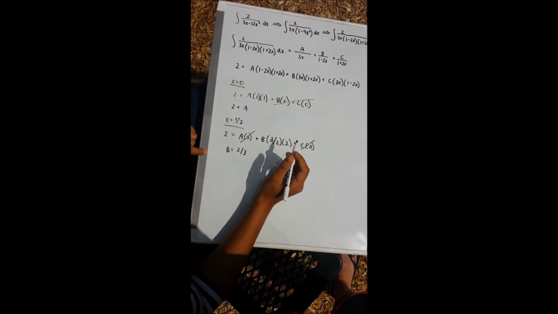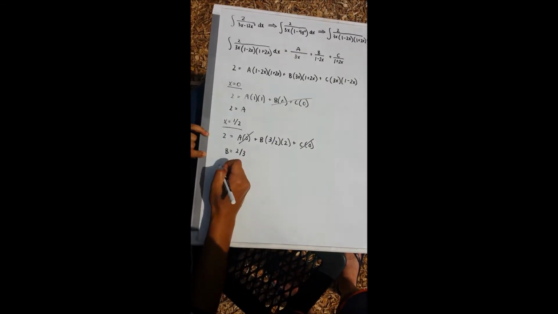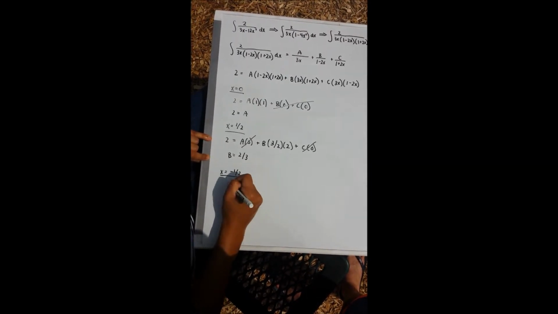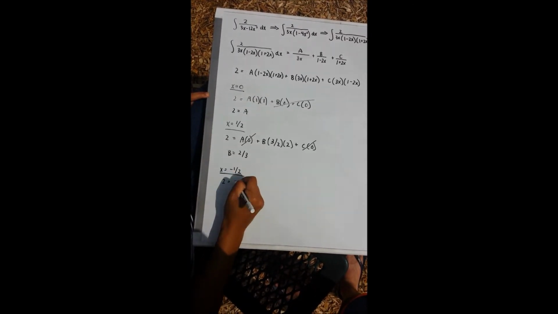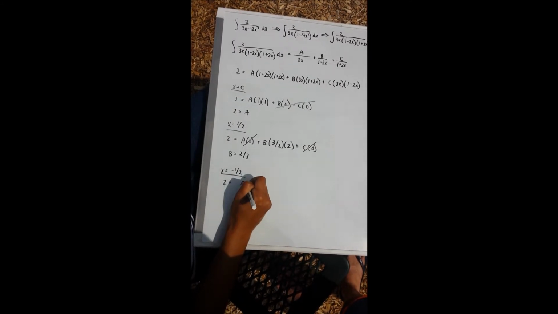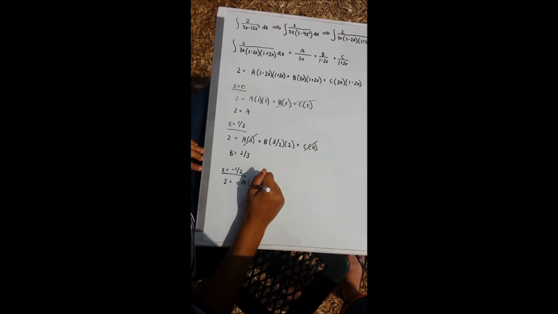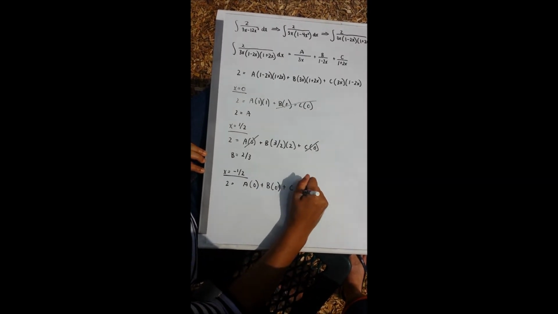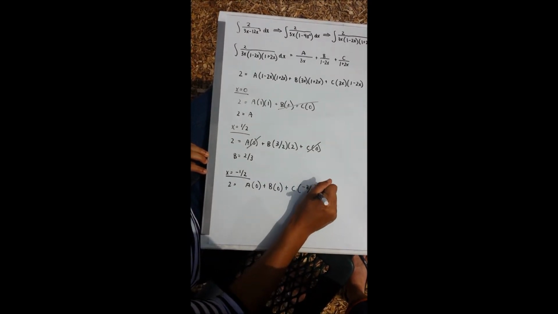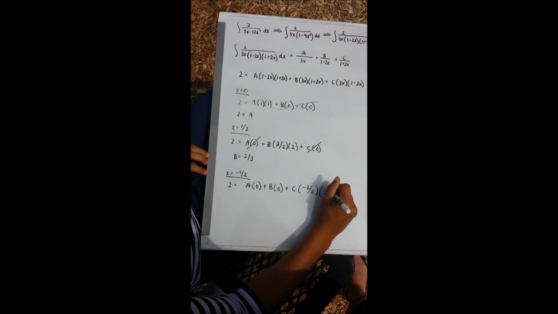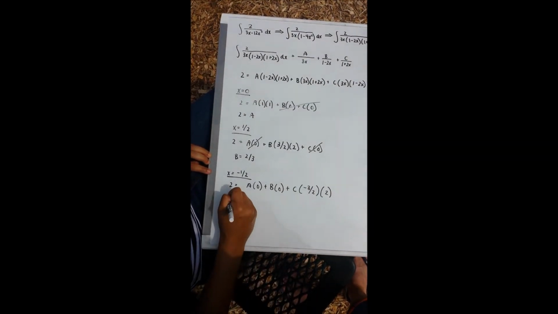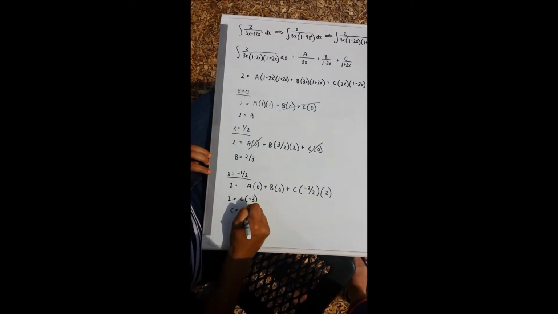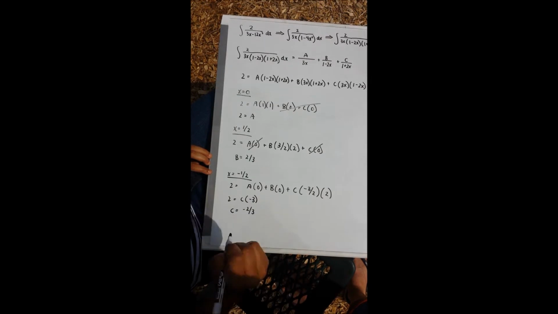Now for your third term, you want to get c by itself. So to do that, you do x equals negative 1/2. Then 2 equals a times 0 plus b times 0 plus c times negative 3 over 2 times 2. After this, you can do 2 equals c times negative 3, and then c equals negative 2/3.